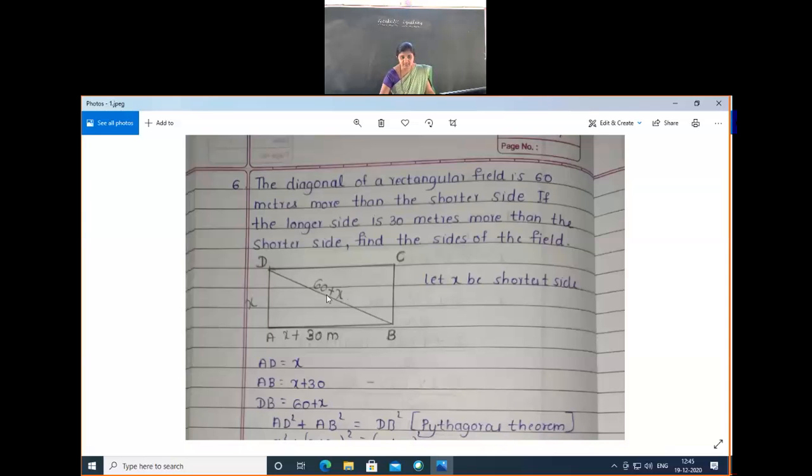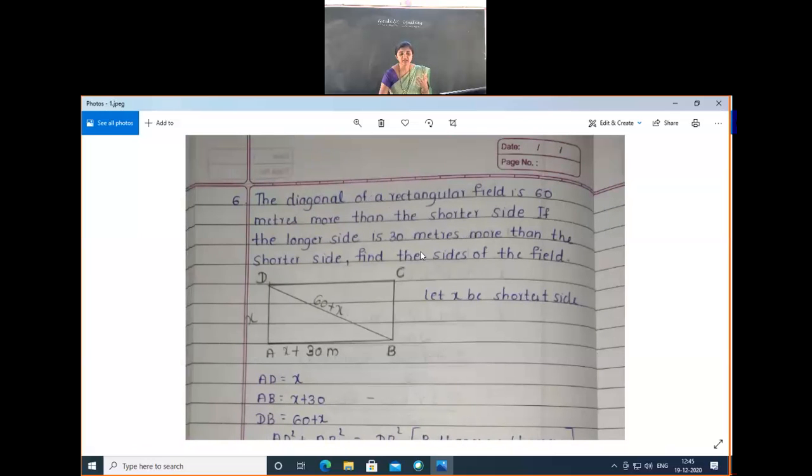The longer side of the rectangle is 30 meters more than the shorter side, so it is x plus 30.